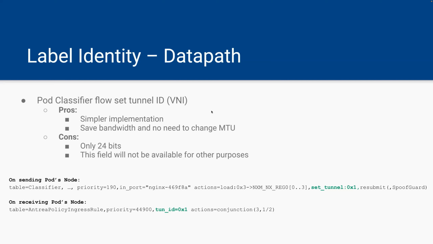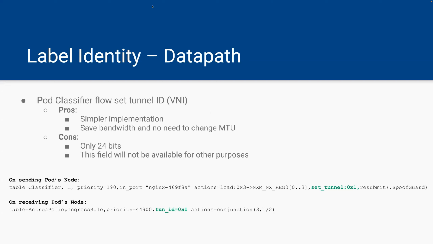So how we realize a stretched network policy is that on the sending pod's node, we always add a classification flow, which loads the sending pod's label identity into the VNI bits in OVS.